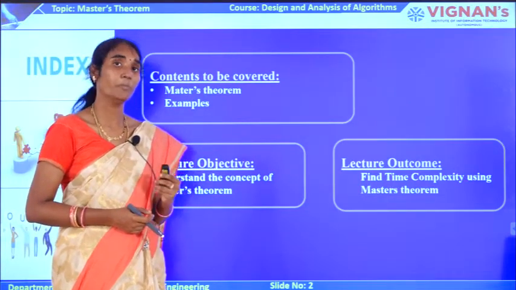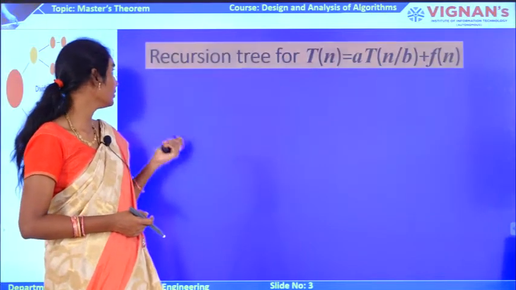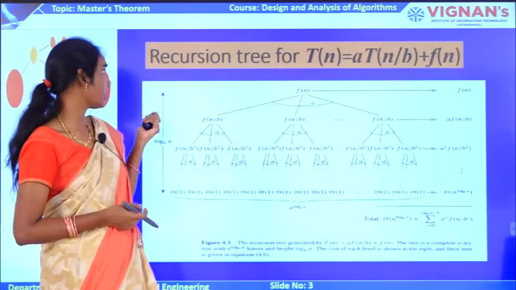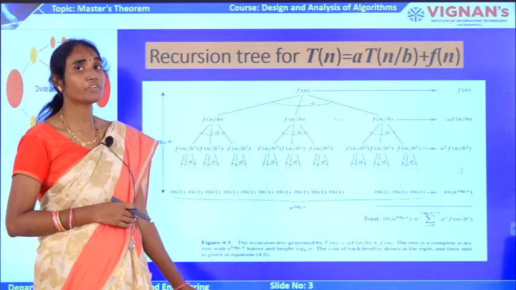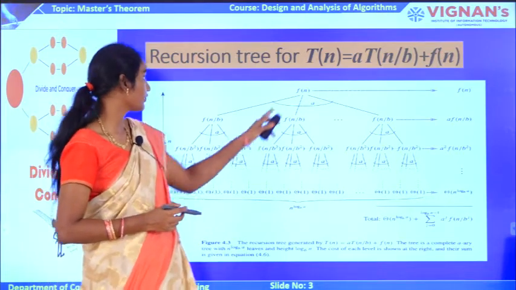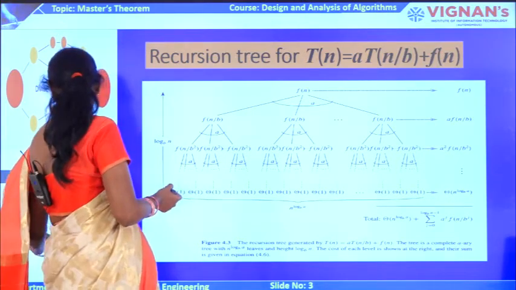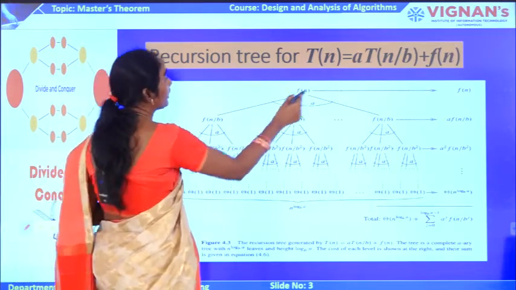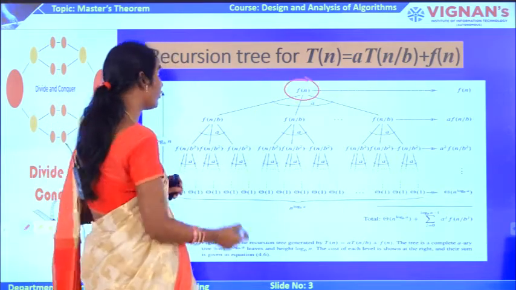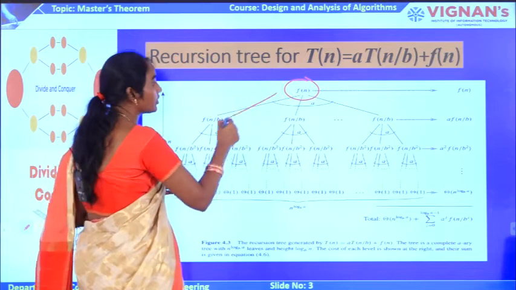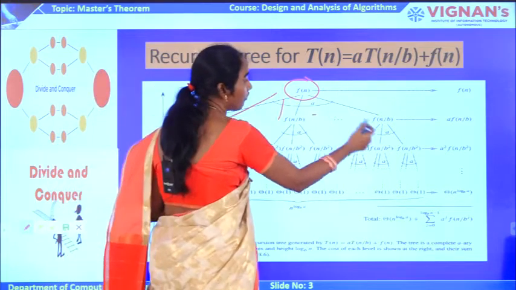and also acquires the knowledge on Master's theorem to derive the time complexity for a given problem. Now this is a recursion tree for T of n is equal to a T of n by b plus f of n. So this is the given f of n. This f of n is being divided into 1, 2, 3 and so on n.